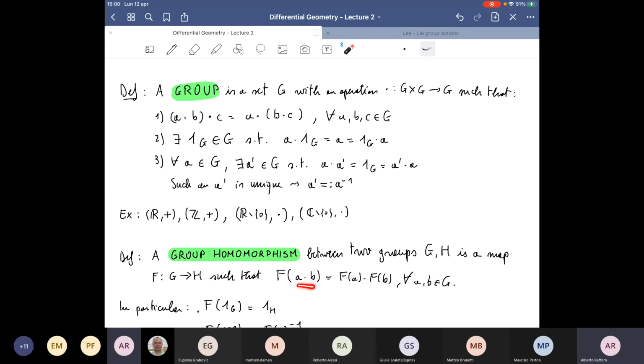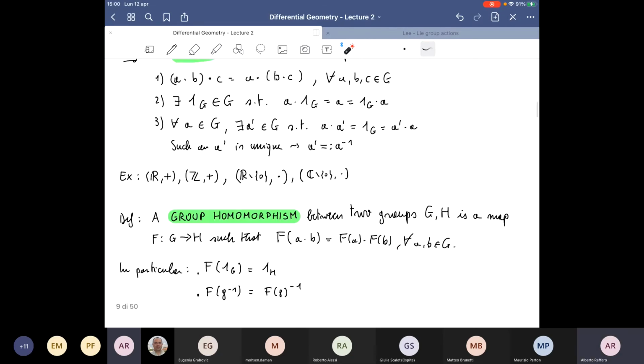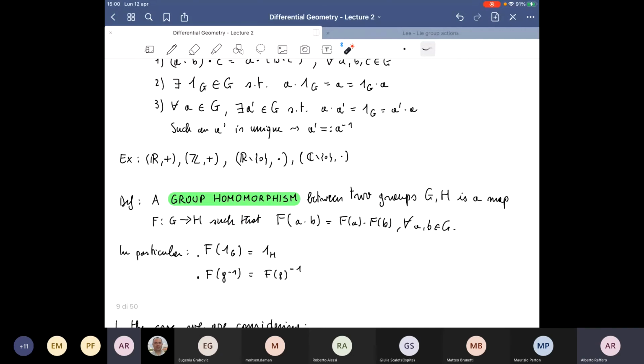It means that if you consider the image of the product of two objects in G, then you will end up with the product of the images of the two elements in H. In particular, from this definition, it follows that every group homomorphism maps the identity, the neutral element of the first group, into the neutral element of the second group, and moreover that the image of the inverse of an element of the group is the inverse of the image of that element.